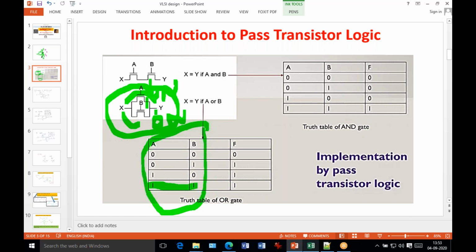So this connection is available, and this connection is also available. So you get the output logic one. If the input signal is 1, you get logic 1 at the output node. Why? Because your transistor is on, that means your input signal is connected to the output node, and then you get the high logic.